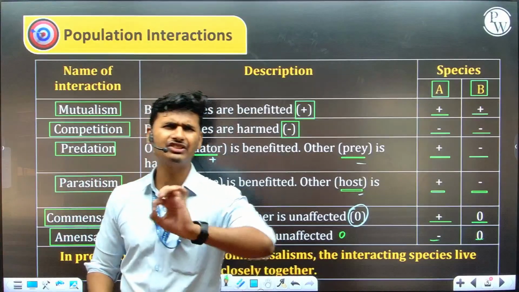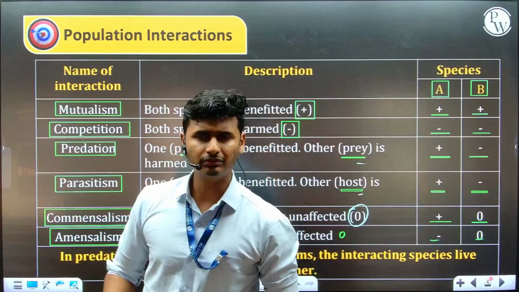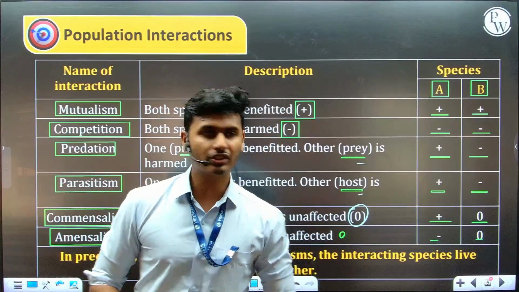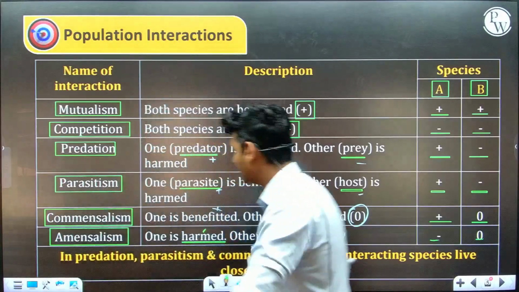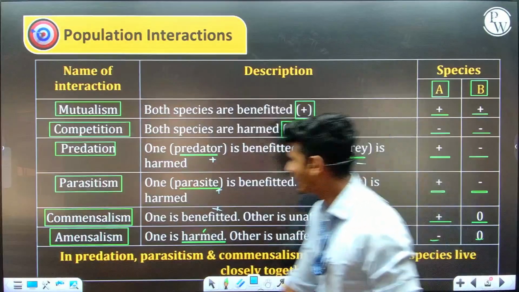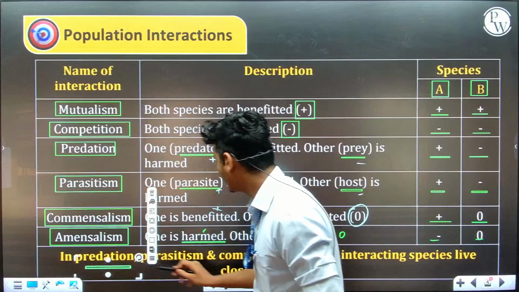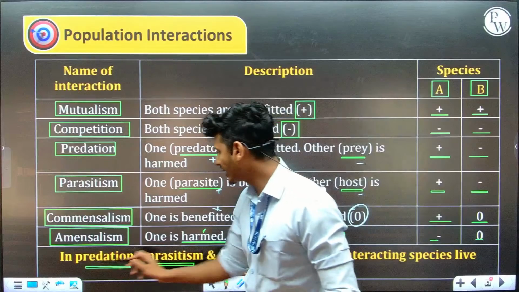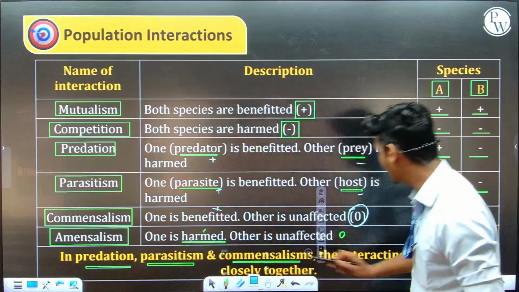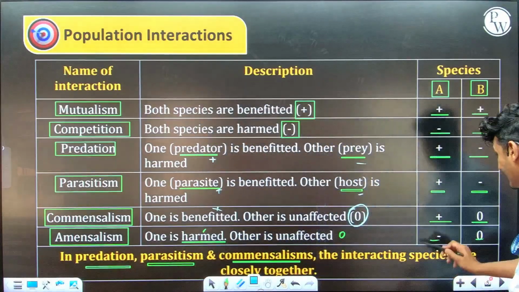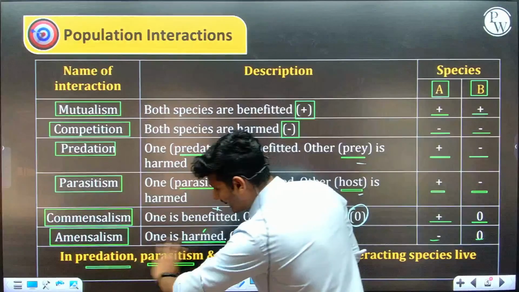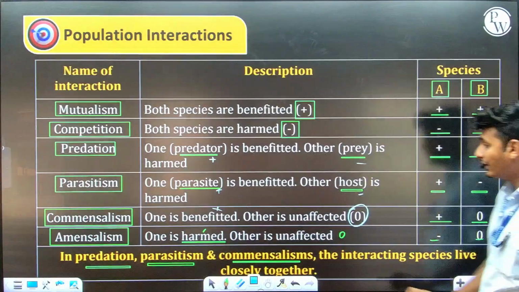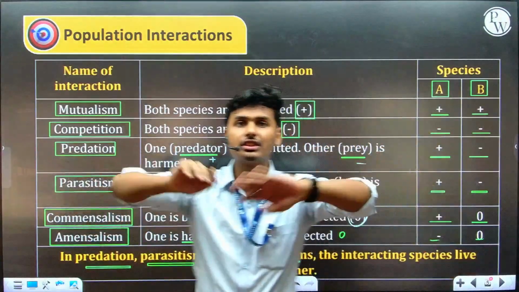Now the last line is very important, just note it down, because in NEET maybe they are going to ask you a question from that particular line. They are saying that predation, parasitism and commensalism, meaning positive-negative and positive-neutral interacting species, are living closely together in an ecosystem.